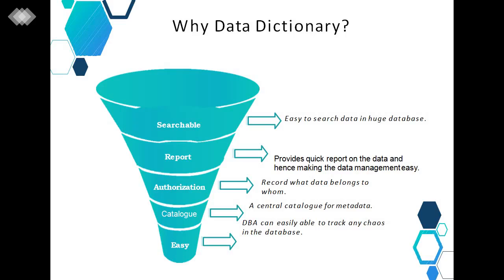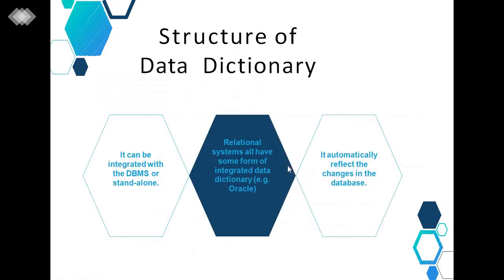Authorization: record what data belongs to whom, and provide the authority to access the data. Catalog: a central catalog for metadata. Easy means the database administrator can easily track any data inside the database. So due to these reasons we need a data dictionary.